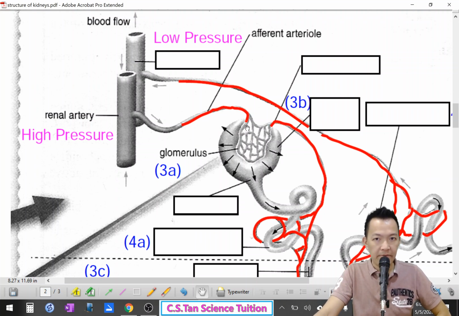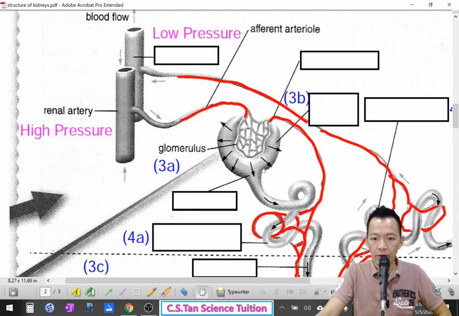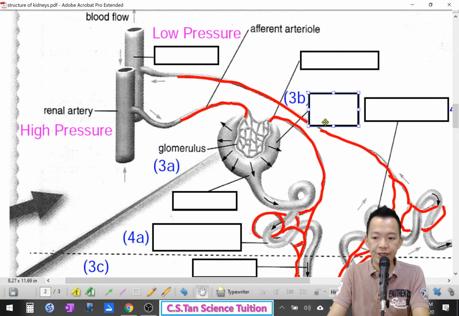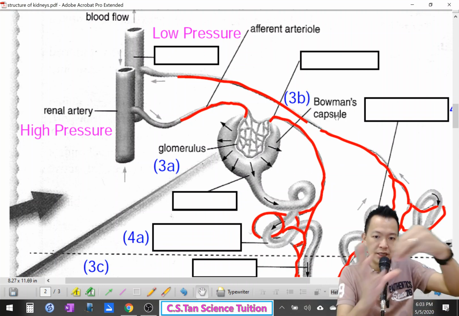So the filtrate is what diffuses through the blood capillary inside the glomerulus. Finally, it enters another structure just beside the glomerulus, 肾小球旁边的一个东西. This is what we call Bowman capsule 啦。这个东西就叫 Bowman capsule.